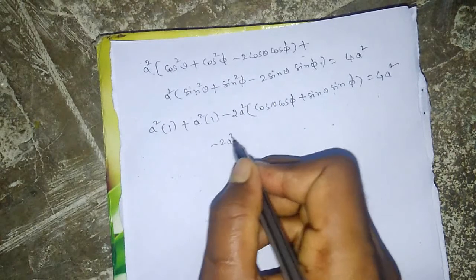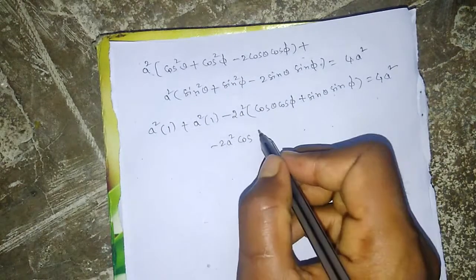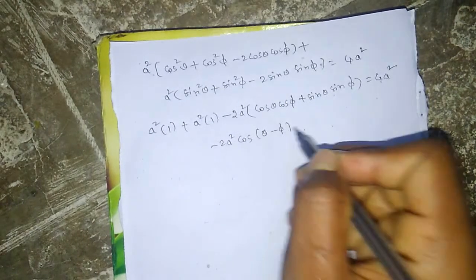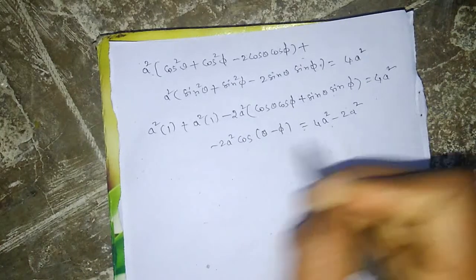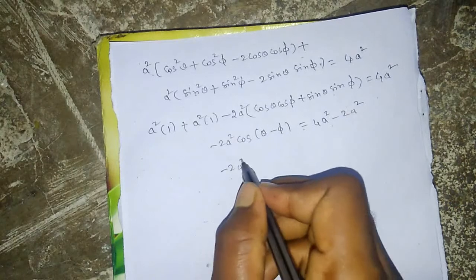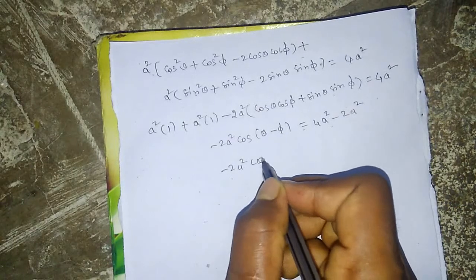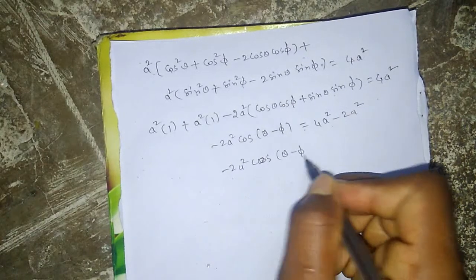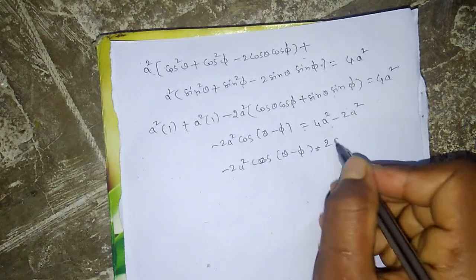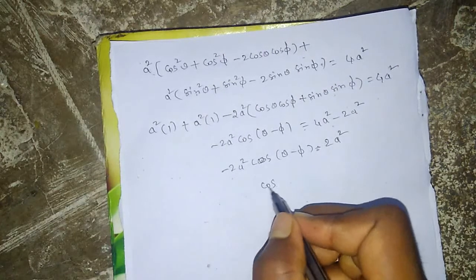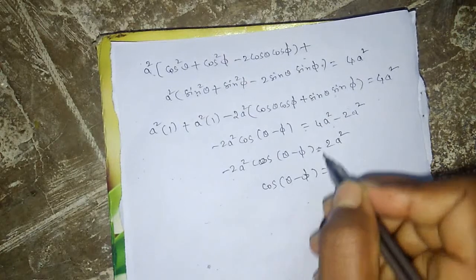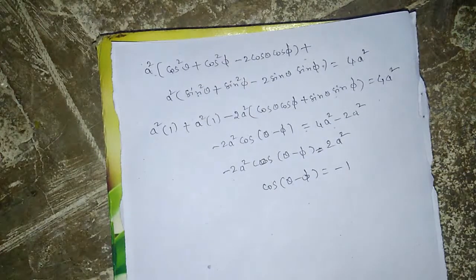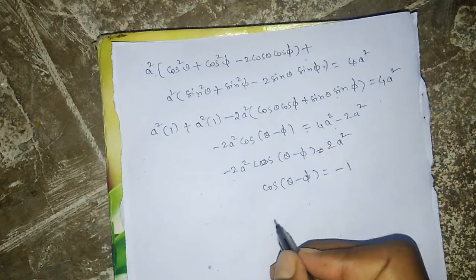This is 2a square. Cos a cos b plus sin a sin b is cos of (a minus b), that is cos of (theta minus phi) is equal to 4a square minus 2a square, that is 2a square cos of (theta minus phi) is equal to 2a square minus... cos of (theta minus phi) is equal to minus 1.